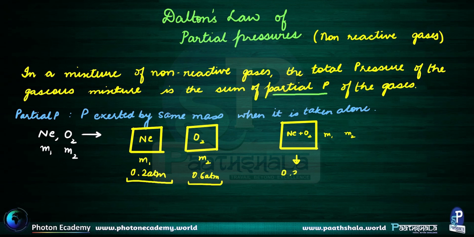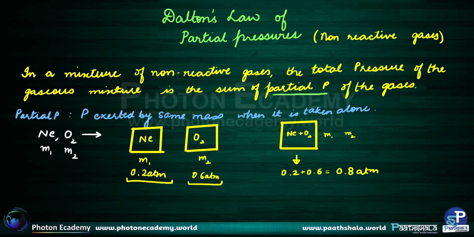That is, 0.2 plus 0.6. The total pressure would be 0.8 atm. So this is what the law states, and this is the meaning of partial pressure. We have to take the same mass and the same conditions, and then the pressure exerted by only that particular gas is the partial pressure of that gas.